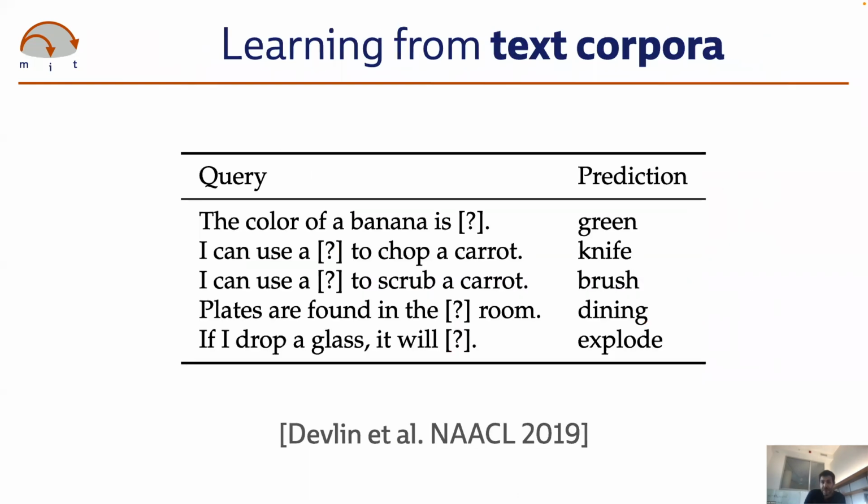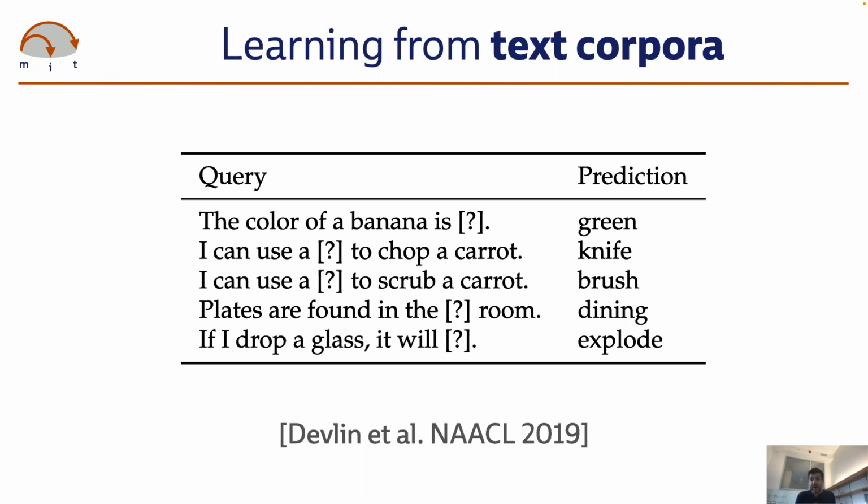And finally, the third thing that language was supposed to do for us was help with generalization. Predictive models of text know a ton about the world, right? Just by asking a big language model, I think this is BERT that we're showing on the screen, to fill in missing words and sentences, you can do things like recover perceptual properties of objects, tools and sub-goals that you need to accomplish high-level tasks, common sense information about the layout of environments or even dynamics of environments.